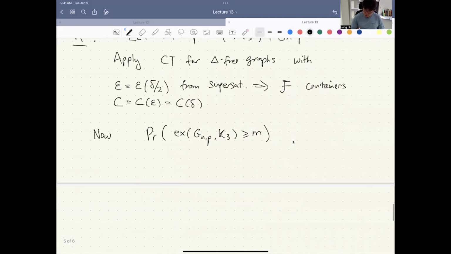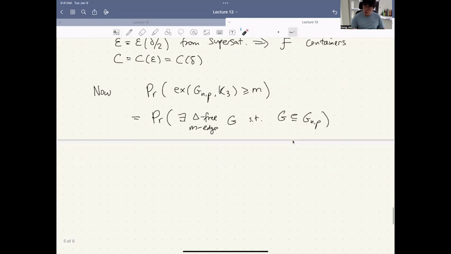This equals the probability that there exists some triangle-free graph G with M edges such that G is a subgraph of G(n,p).